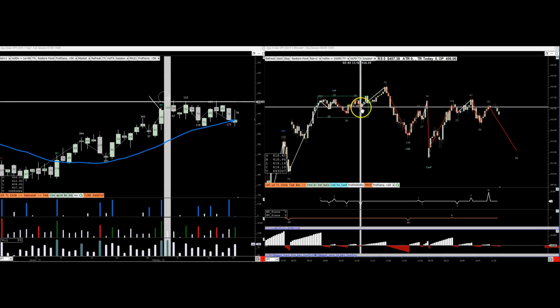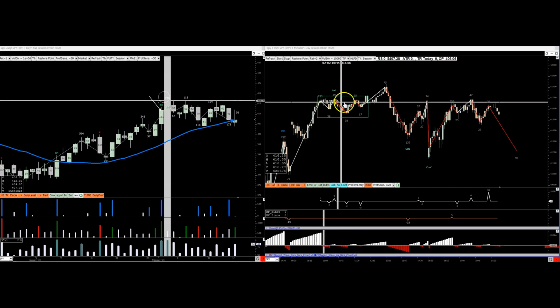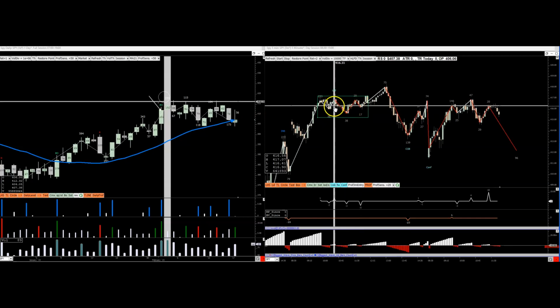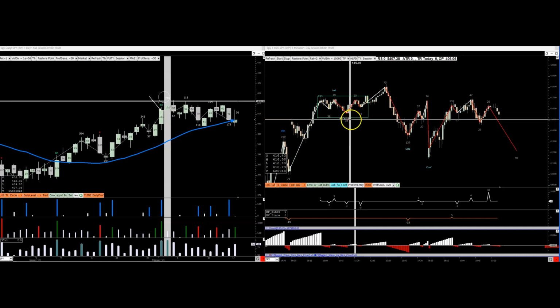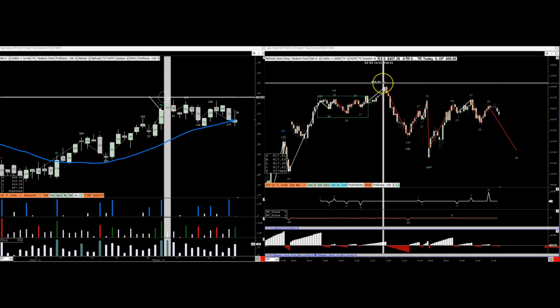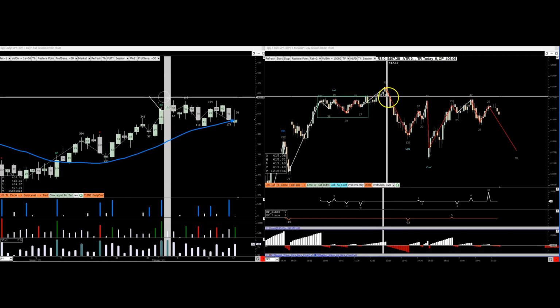What's really nice about this is that you have the fake out, or, what the hell is it called? Anyway, you see this a lot. All right, you see the sideways chop, which is actually distribution, and then it takes out one side and then it takes out the other side. So this happens a lot.